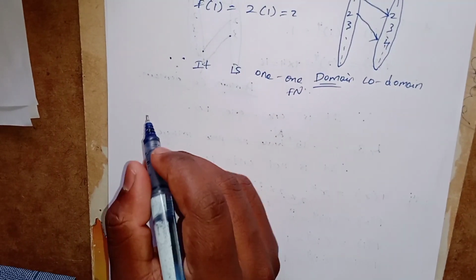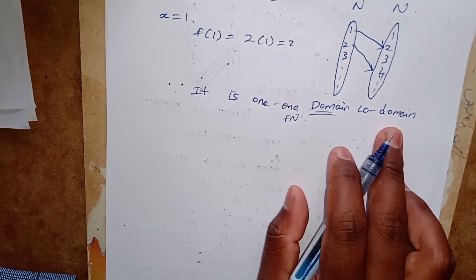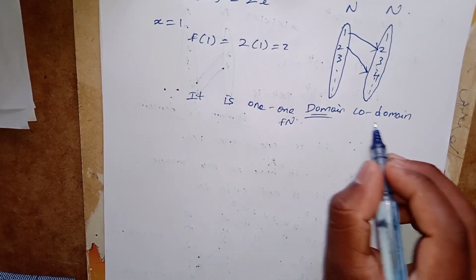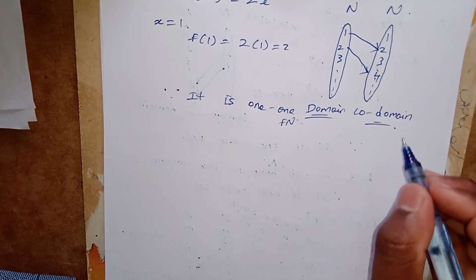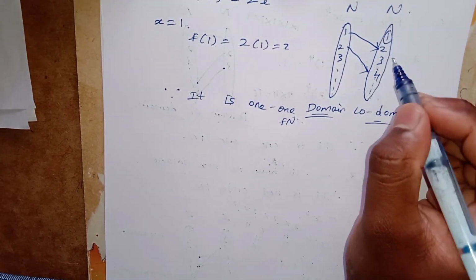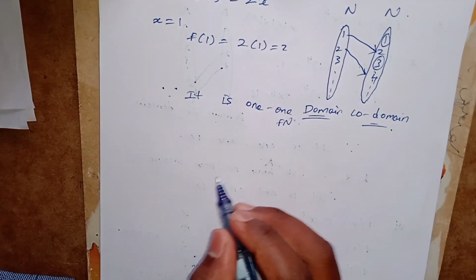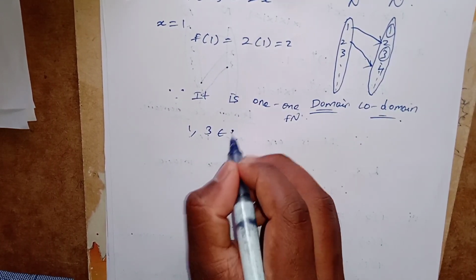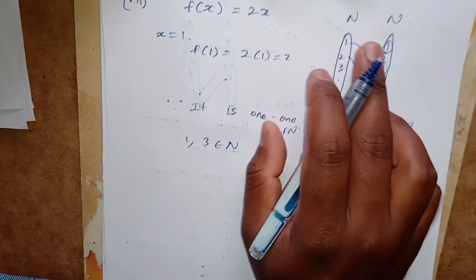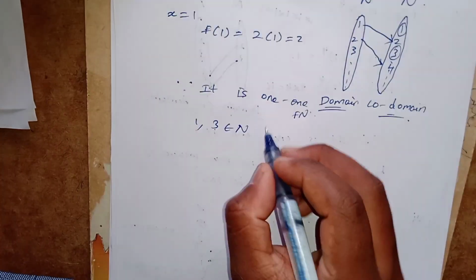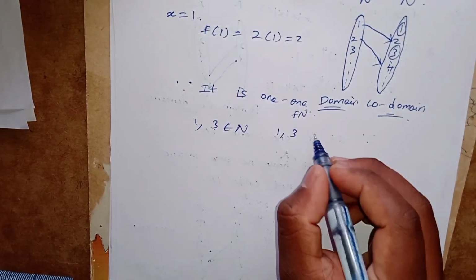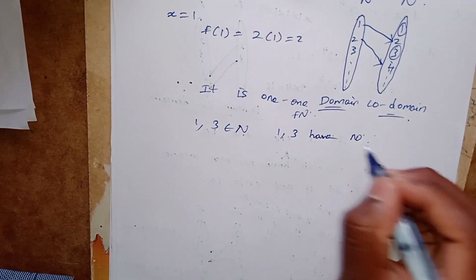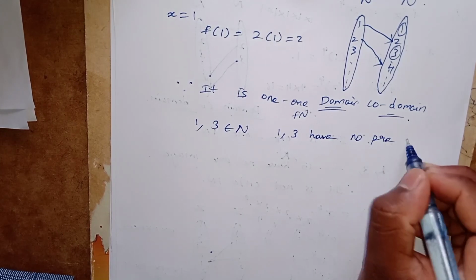Okay, next I want to check whether the given function is onto or not. For onto function, I will check the codomain terms. Here 1 and 3 belong to natural numbers, but 1 comma 3 has no pre-image.